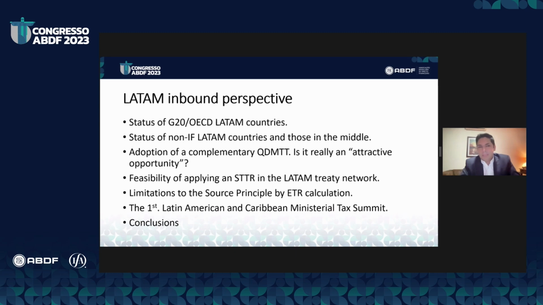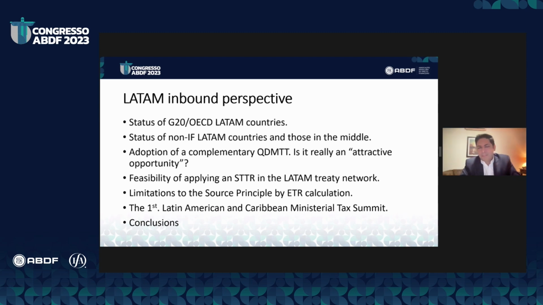In addition, it implies a possible renunciation of source country rights, because if you cut the possibility of granting tax incentives and preserving tax-sparing clauses, it would seem that the Latin American countries are not willing to do that, especially with tax-sparing clauses. So we have to see more developments about it.